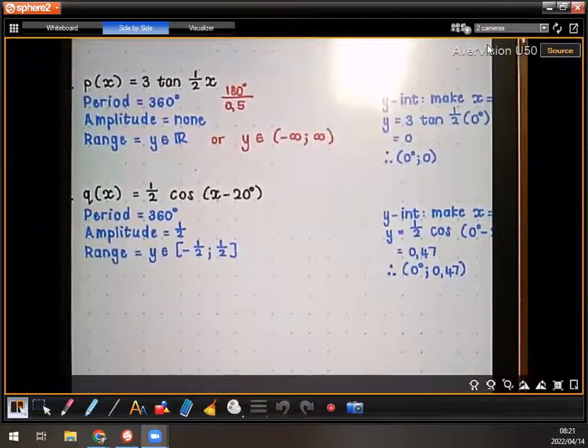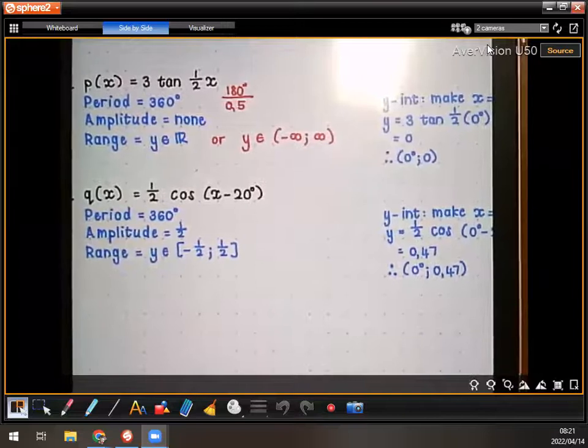If you know that, then it's actually easy to just think that your range is going to be from negative a half to positive a half. You don't have to use the calculator always for the range. Sometimes it's just easier to understand what the amplitude actually means.